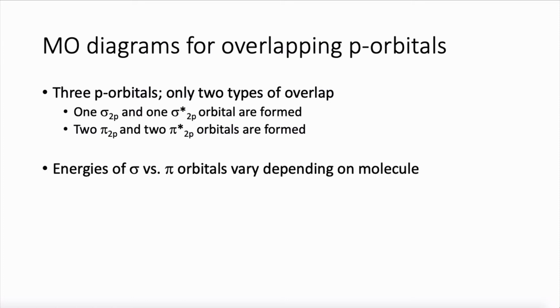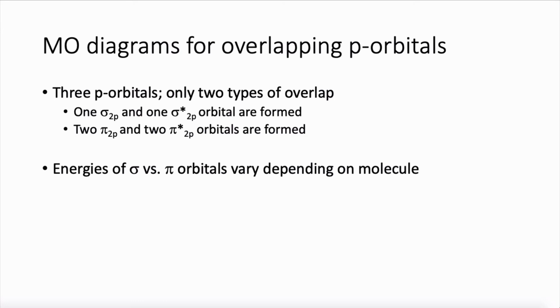I'm going to show you approximate energies of the sigma and pi orbitals for our p valence electrons. But in reality, sometimes the sigma orbitals are lower energy and sometimes the pi orbitals are lower energy. And that really depends on the molecule. You can't really predict by looking at the molecule. You actually have to calculate it. I'm just using the same configuration for all of them.